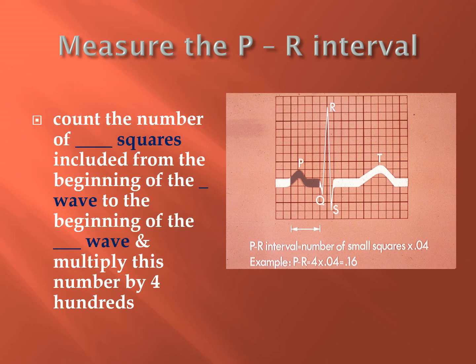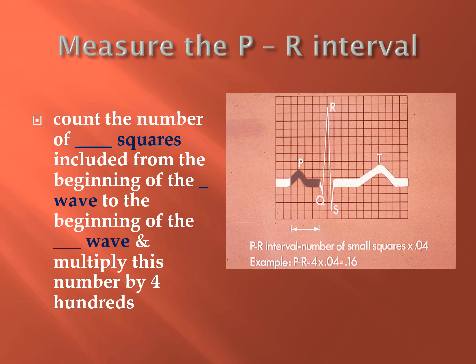To measure the PR interval, we count the number of small squares from the beginning of the P wave to the beginning of the Q wave and multiply this number by 0.04, and that's what you see over here in the box in the graph. PR interval is the number of small squares times 0.04. So this will tell us how long that PR interval is.